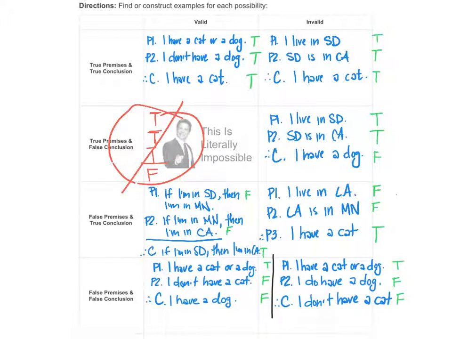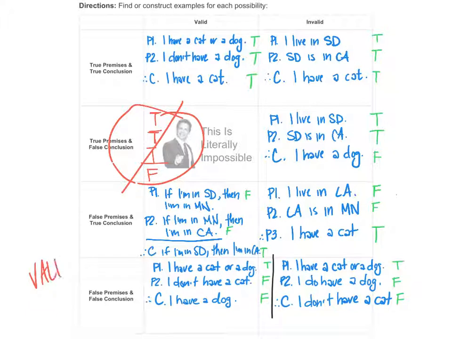But when it comes to inductive arguments, the defining feature is that the premises make the conclusion probable. So you could have a very, very strong inductive argument, and it's still possible to have true premises and a false conclusion. So here we've been talking about the relationship between the premises and the conclusion.